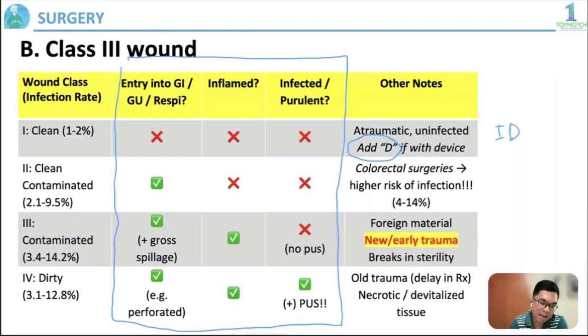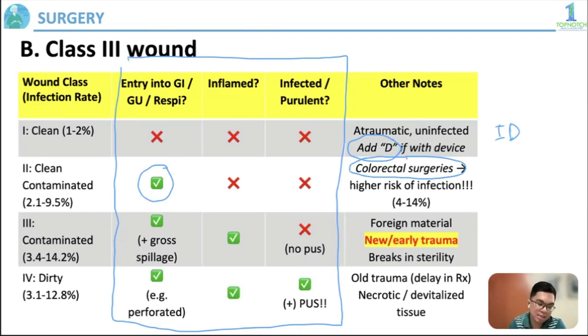Okay? Tapos, once you enter into parts of the body with innate microbes, so alam mong, kung sa mga hollow viscus ng GI, respiratory, and genitourinary tract, may indigenous bacterial flora sila. That's already your class 2 or clean contaminated. Okay, tapos take note lang din, colorectal surgeries are also class 2 surgeries, but they have a higher risk of infection.